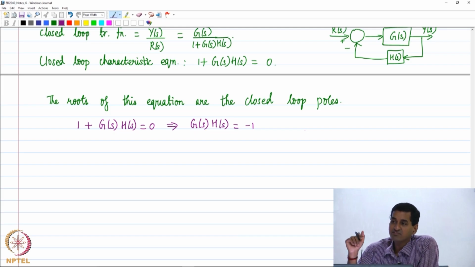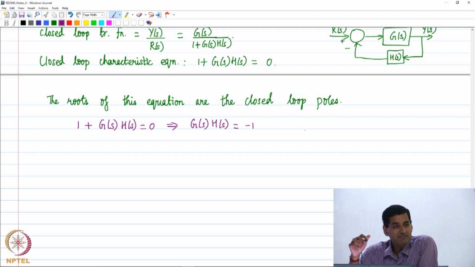And why is this significant? What is G of s H of s? It is the open loop transfer function. That is the definition of G of s H of s, is it not? G of s H of s is what is called the open loop transfer function. So what can we infer from this?